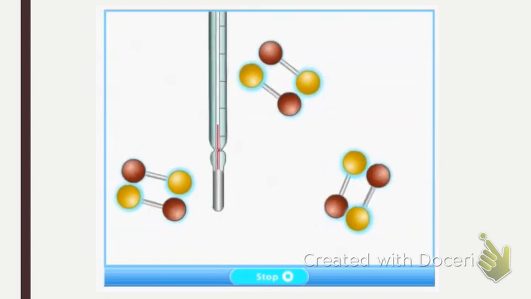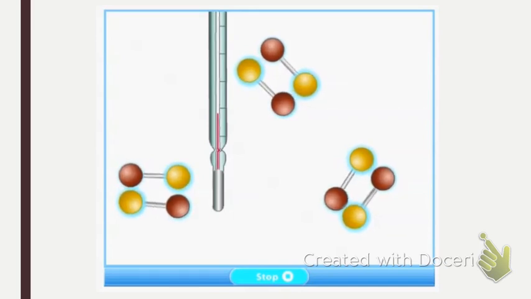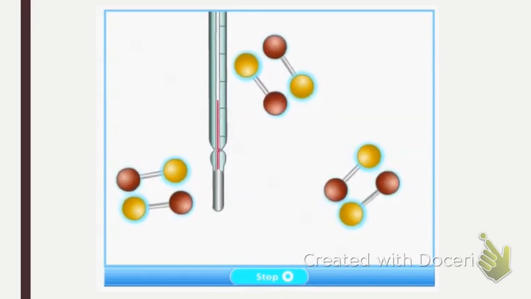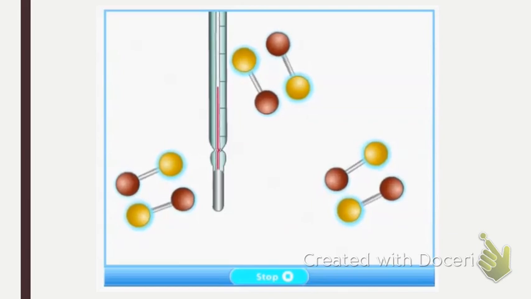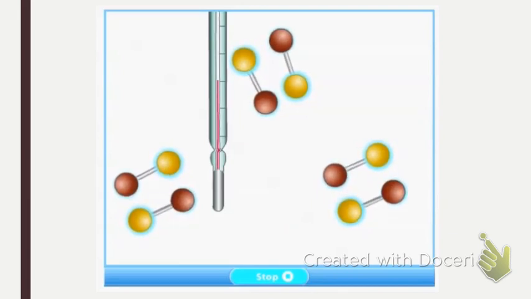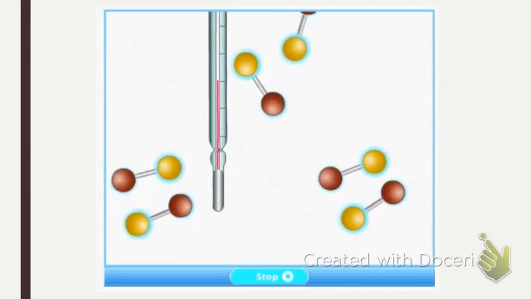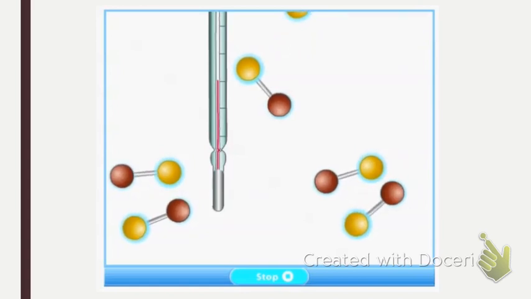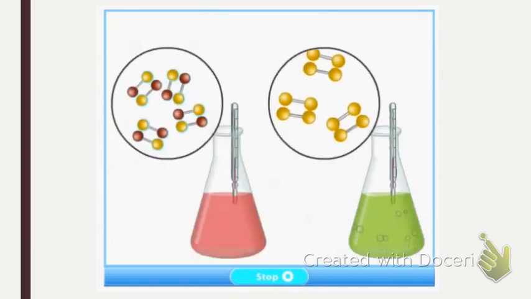Now, as I heat up this substance, it gives the molecules enough energy that they can start to break apart from each other. And they might go find another group to grab onto, or if we give them enough energy, they might vaporize or boil and go off and join the gas phase after we hit a certain temperature, though.